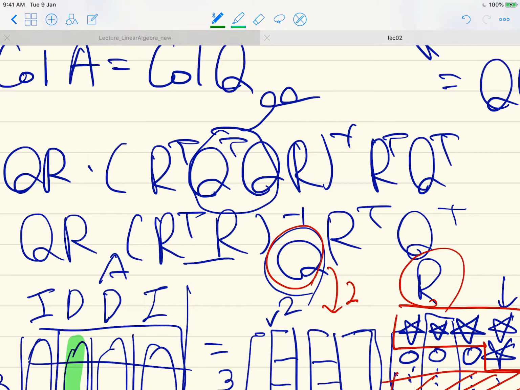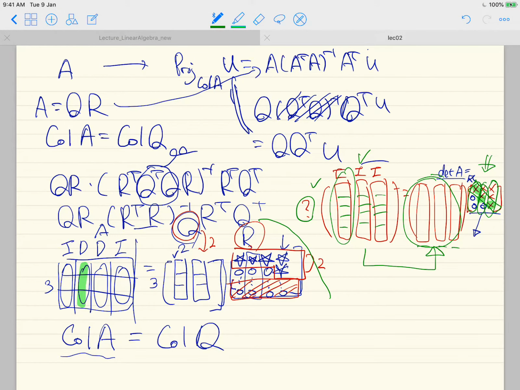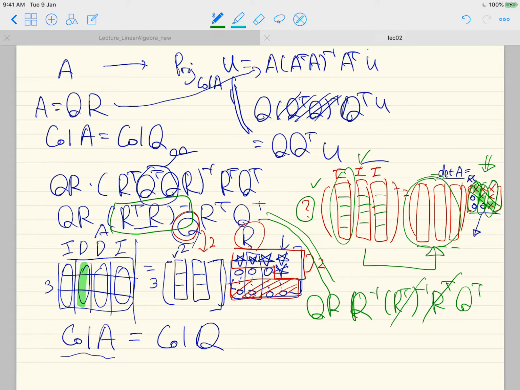And so the inverse of R transpose R can actually be split apart, because each individual R and R transpose is invertible. Then with QR, this part becomes R inverse, R transpose inverse, R transpose Q transpose, and thus this will be cancelled out, and we obtain Q transpose Q from here.